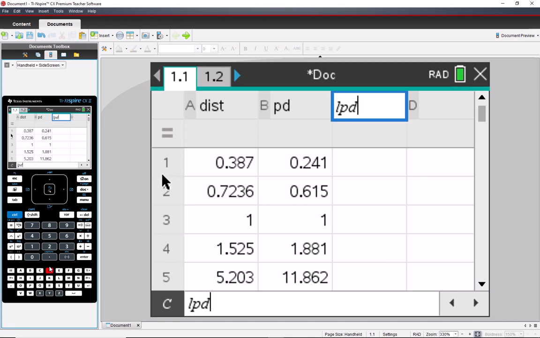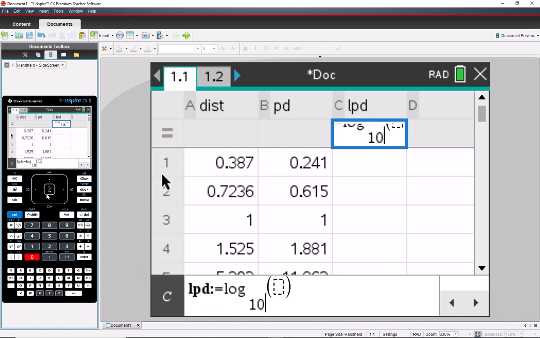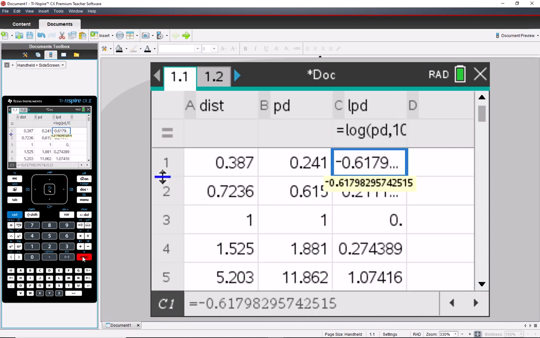All right, so LPD, and this will equal, so we need a formula, and let's go ahead and press control 10 to the x for log. We'll keep it base 10. And we'll just say PD because that's an established variable that we've set up, and hit enter. And let's see what that does to the scatter plot.